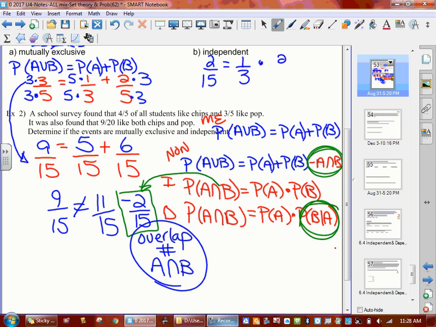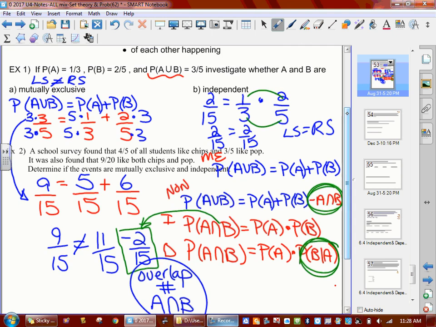Probability of B, 2 over 5. When I multiply the right-hand side, multiply tops, multiply bottoms, I get 2 over 15 equals 2 over 15. Here, my left side equals my right side. So that tells me, yes, they're independent. Okay? So over here, they were not mutually exclusive because there was an overlap, but they were independent.